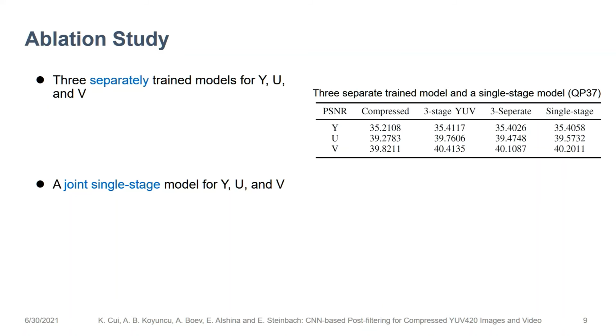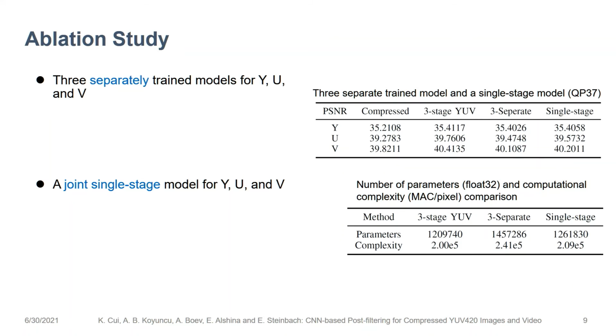To make it a relatively fair comparison, we tune the number of layers to make sure these 3 networks have relatively comparable number of parameters and complexity. From the average PSNR numbers in the table, we can see that for the 3 separate approach, for Y channel, the performance is comparable.